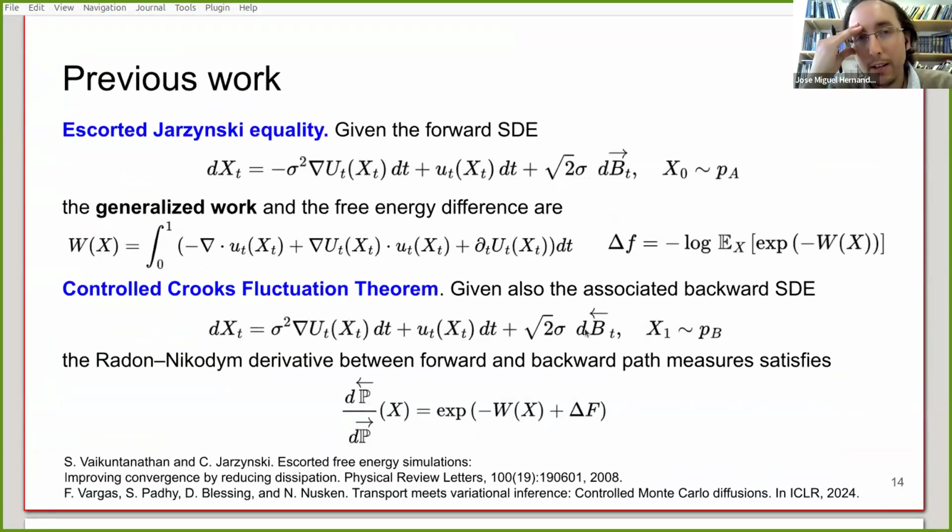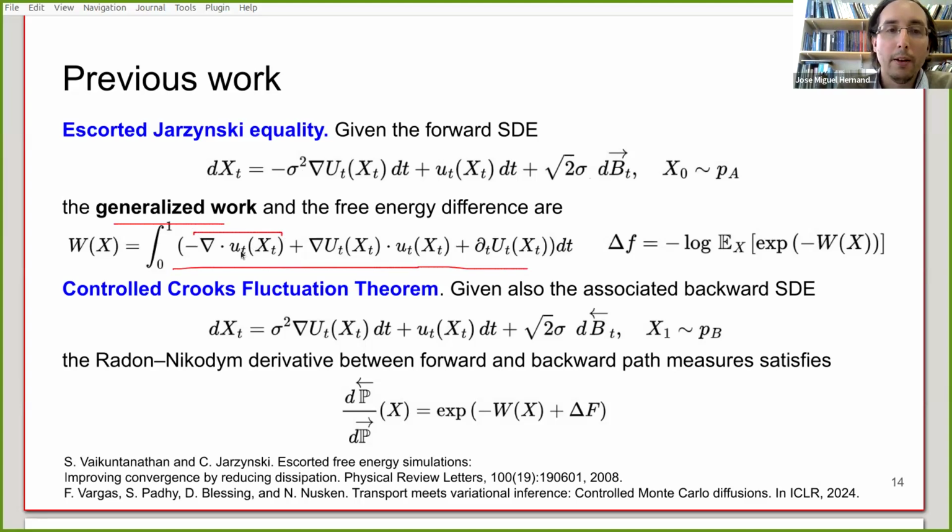Similar things have been done in the past, and for example, there is this method called the Jarzynski equality, and the idea is to also use a forward SDE to map samples from the distribution A into those of B. You can also obtain the generalized work, but in this case it's given with this other expression, which is now an integral, and here you have the divergence of the vector field UT, which can be expensive to calculate in practice.